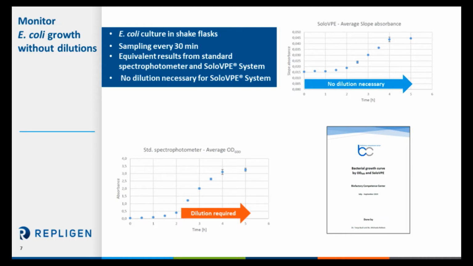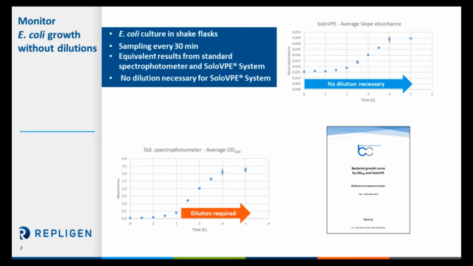This paper was generated by the BCC in Switzerland. It's also available for download on our website under the literature section. What they wanted to do was prove two things. One, that you can certainly get equivalent data using SoloVPE over a standard spectrophotometer, but more importantly, show how many steps no longer require dilution in this process, whereas the SoloVPE obviously just runs straightforward without the need for dilutions.